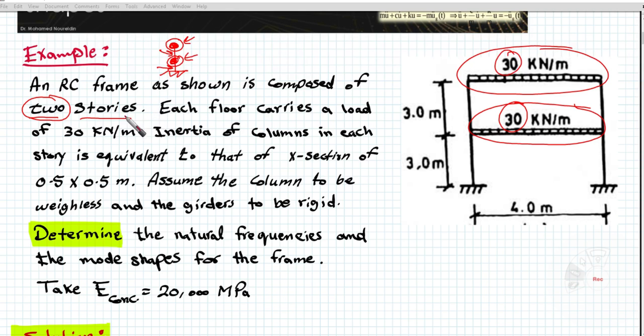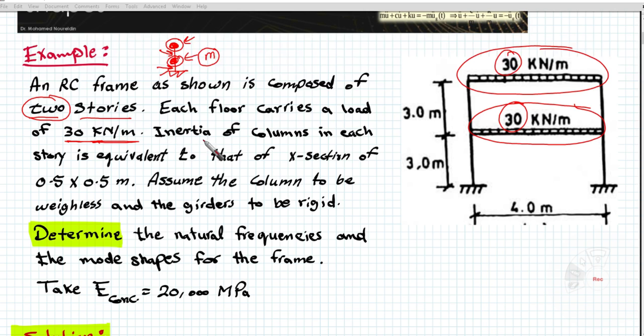So we need to understand it from the example. Each floor carries a load of 30 kilonewton per meter. This means that it is distributed load, and take care, this is considered to be loading, like weight, for example. Whenever we are dealing with our problem, we need to work with masses. This means that gravitational acceleration is involved here.